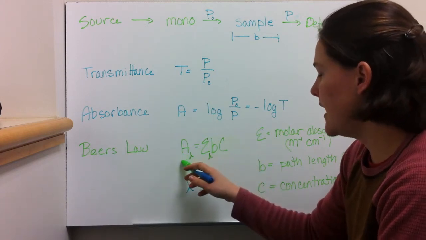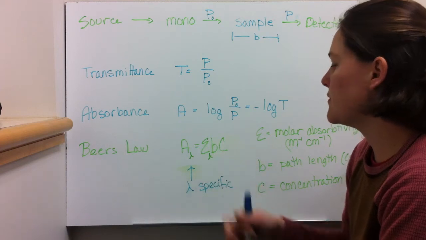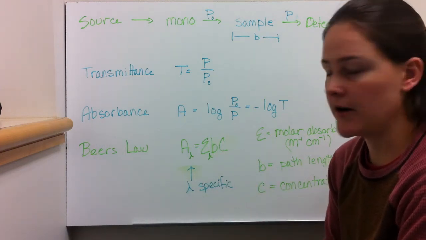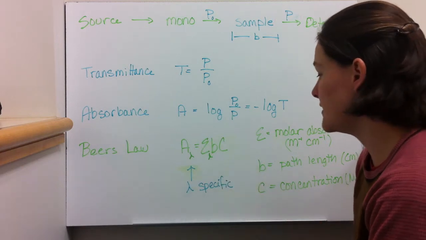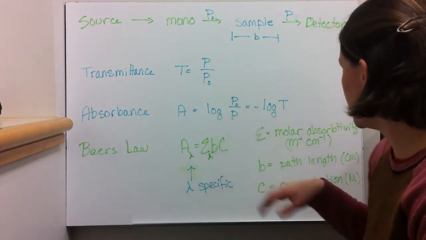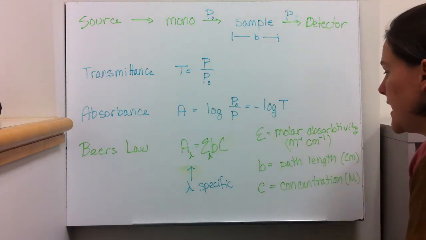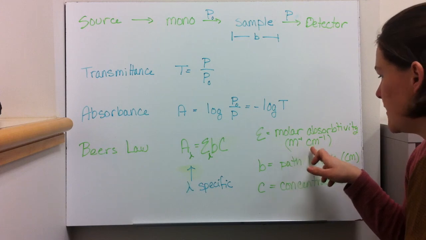A, the absorbance at a given wavelength, equals the molar absorptivity at that same wavelength for your analyte species times the path length times the concentration. And these are wavelength specific.